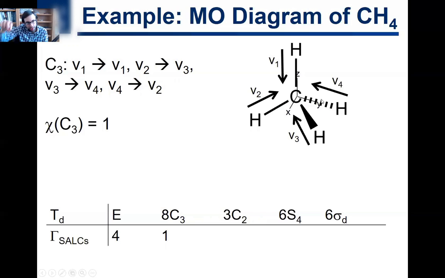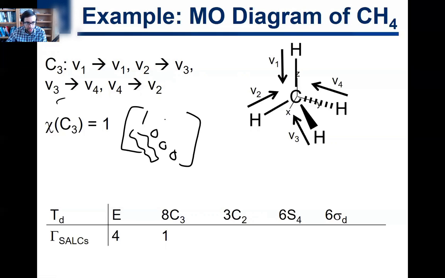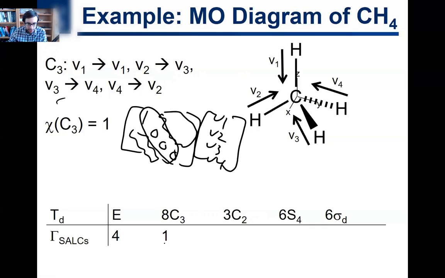It's like spinning a tripod. In that way, you're going to get a character of 1, because your matrix, just to be very clear, is going to have something like this along the diagonal. We don't care about the off-diagonal elements. Again, this is V1, V2, V3, and V4, so we're summing up along here. That gets us a 1.